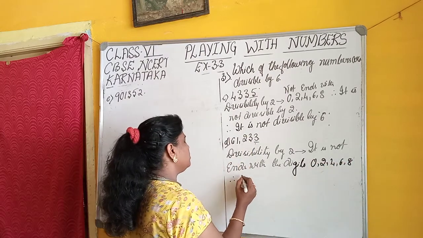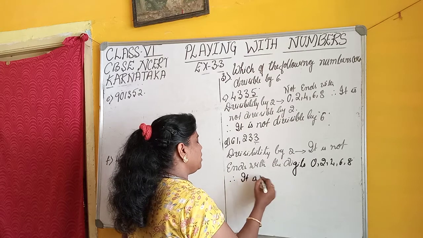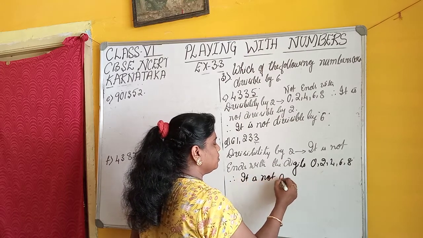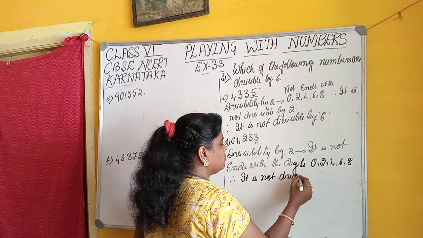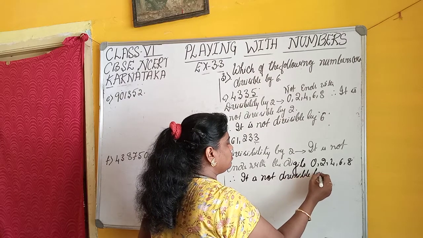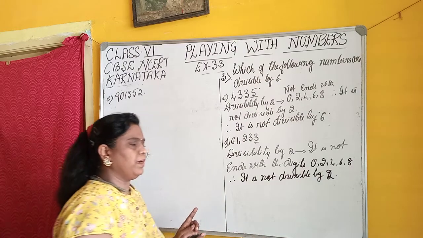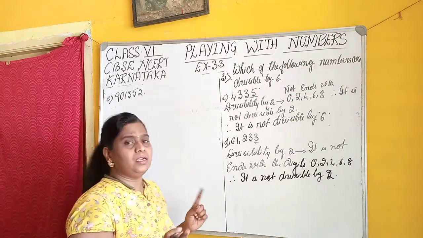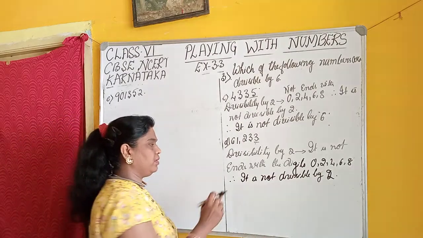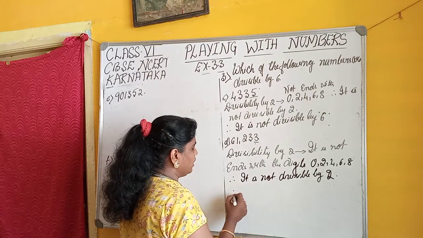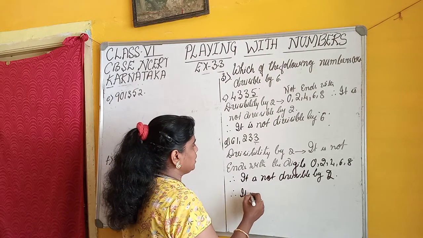Therefore, it is not divisible by 2. Then it is not necessary to check for divisibility by 3. Therefore, directly write it is not divisible by 6.